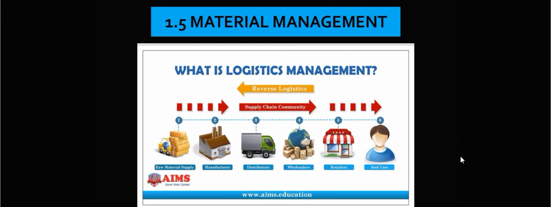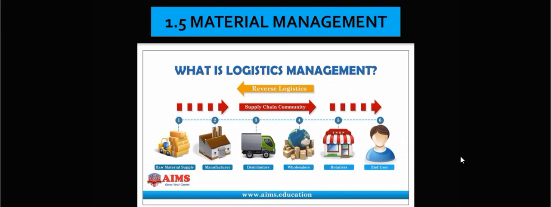Because when we can deliver the product within a short period of time, it sends a signal that you provide the best possible service. You improve your quality of service, and then the customer will be happy. When the customer is happy, they will buy again from you.